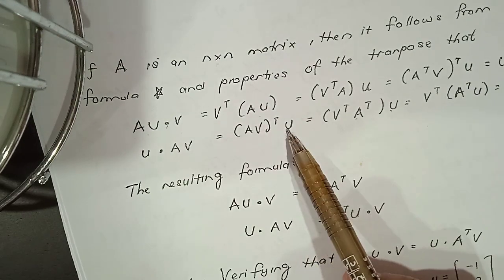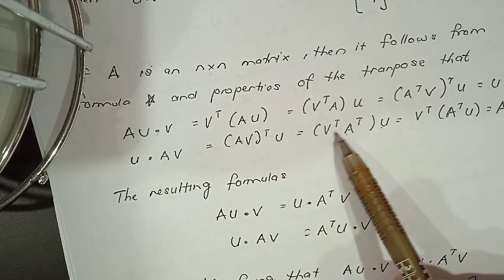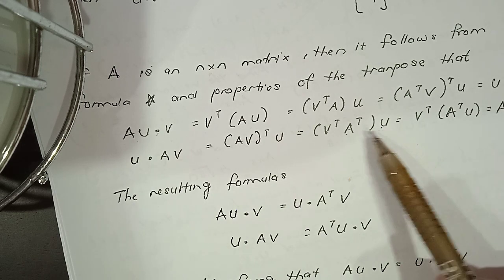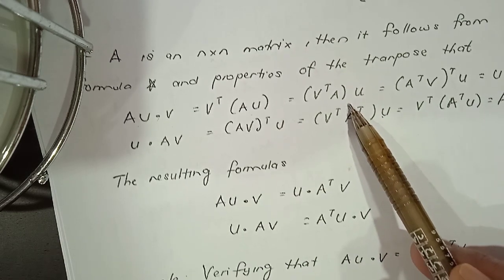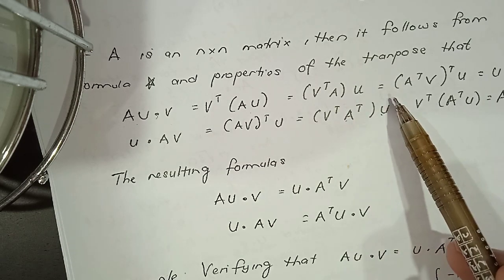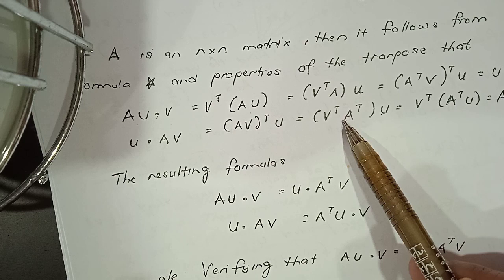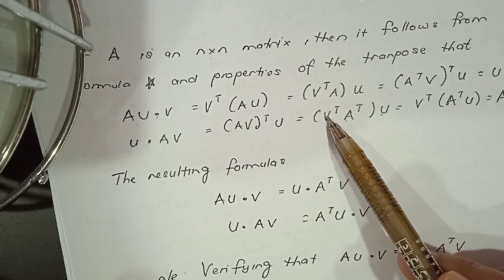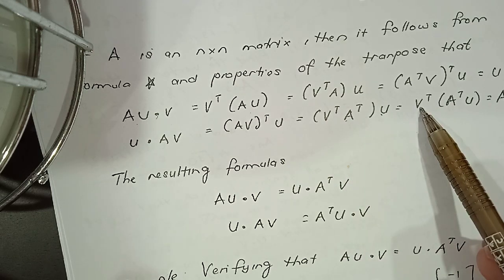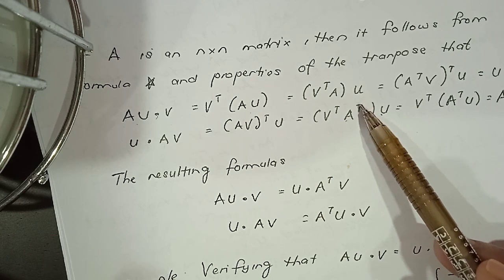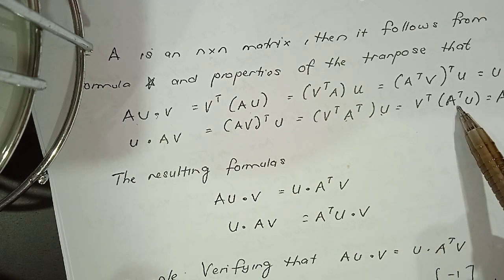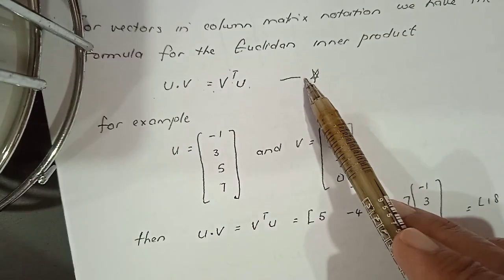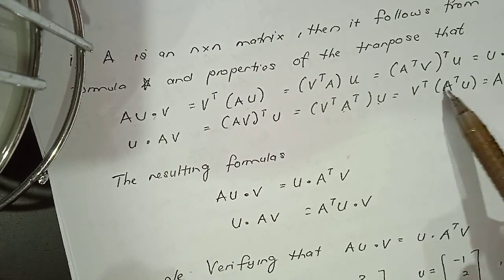Then using the properties of transposition, v transpose, A transpose, multiplied by u. And then we can distribute, putting the first vector outside, followed by the combination of the last two vectors here. Again we use the star formula.